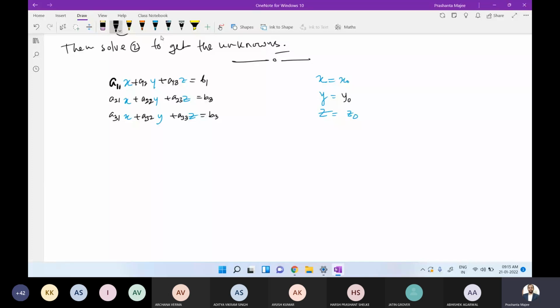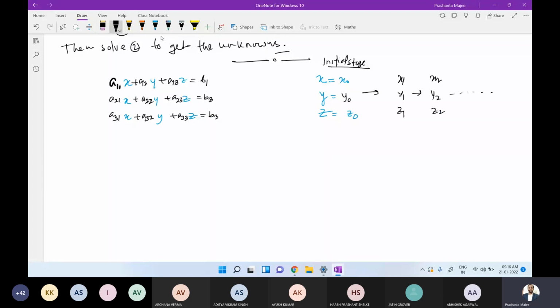Then what you do, you keep on improving the solution. So if it is initial stage, then after first iteration, the value will be x1, y1, z1. Then the values will be x2, y2, z2, and so on.